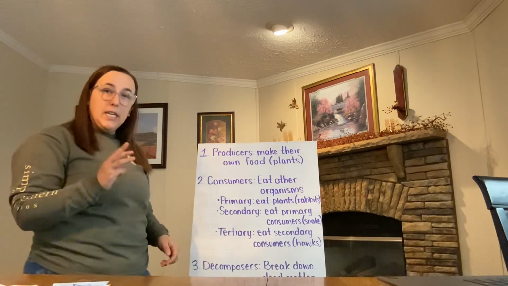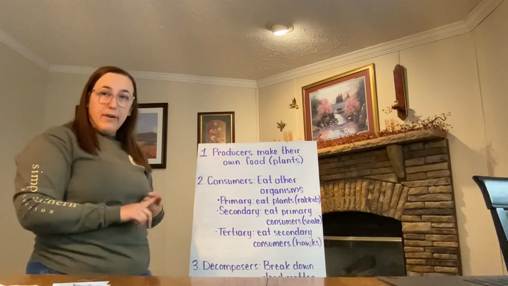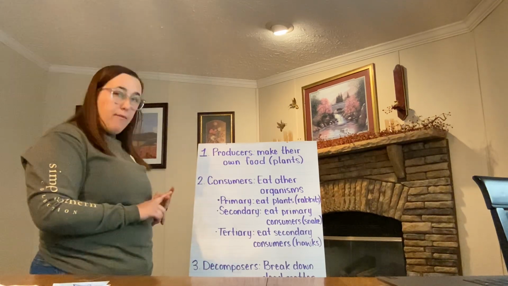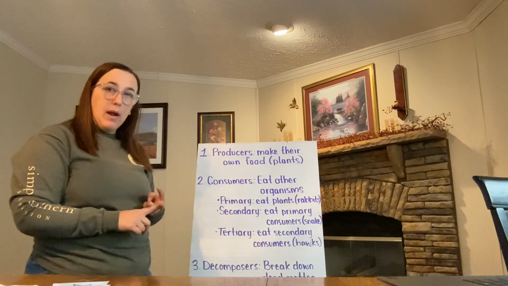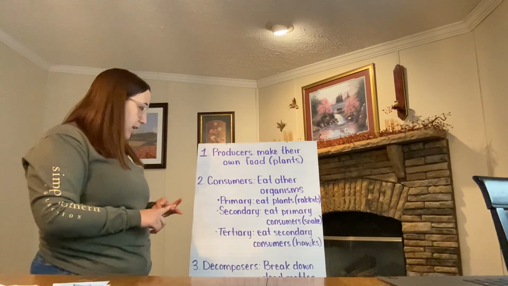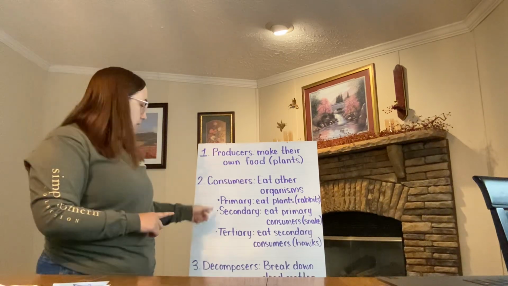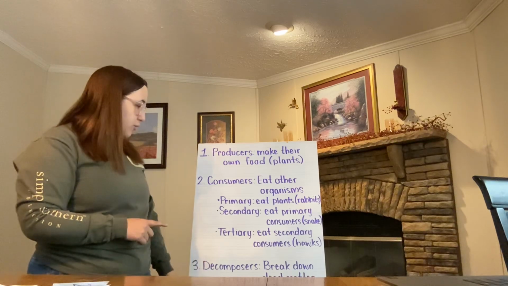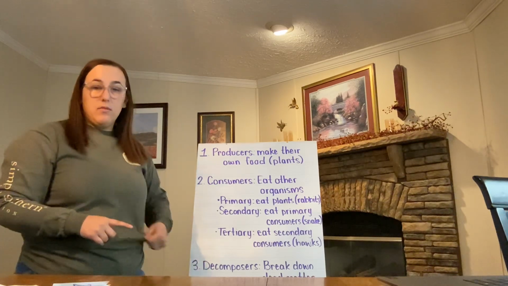And we have 3 types. We have our primary, which eats our producers. We have our secondary, which eats our primary consumers. And next, we have our tertiary consumers, which eats our secondary consumers. And now we have decomposers, which they break down dead matter.